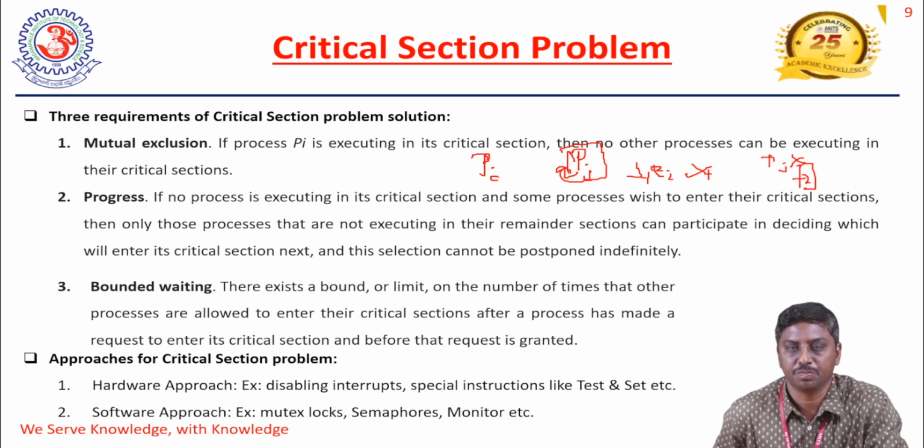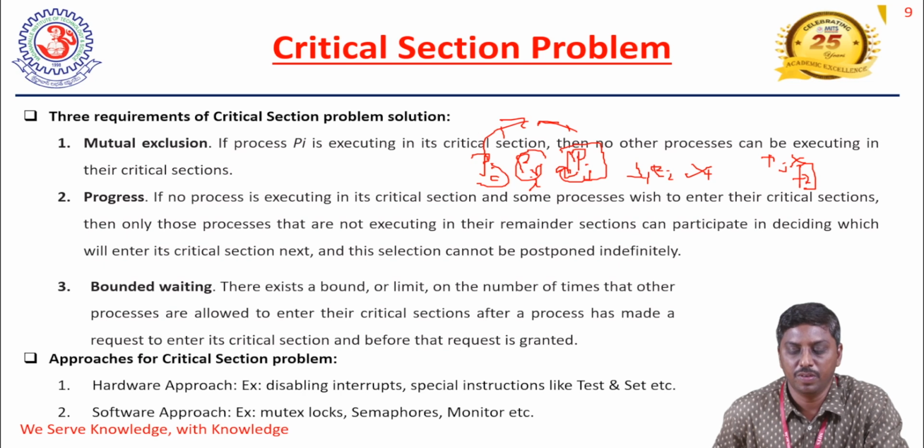For example, assume that we have Pi, Pj and Pr. Assume that Pr is in its remainder section, and both Pi and Pj want to enter into the critical section. Then the decision of who has to be given the chance to enter into the respective critical section is decided by only Pi and Pj. There is no role for Pr, because that process is in its remainder section and is in no way concerned.